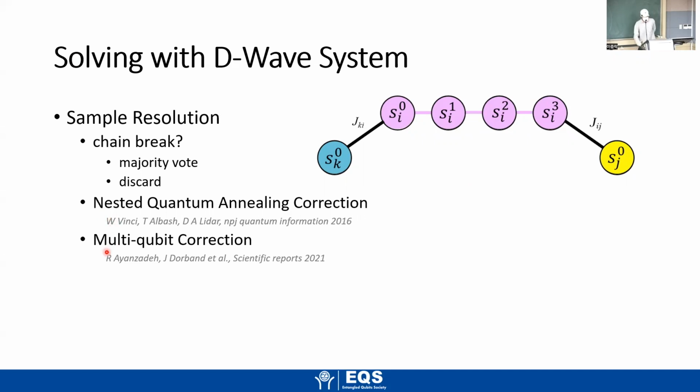And this last one is called multi-qubit correction, and this is somewhat different from all the previous ones. After annealing, you could have many samples, and in the sample you can actually calculate the energy of the system by multiplying the qubit matrix and the result.